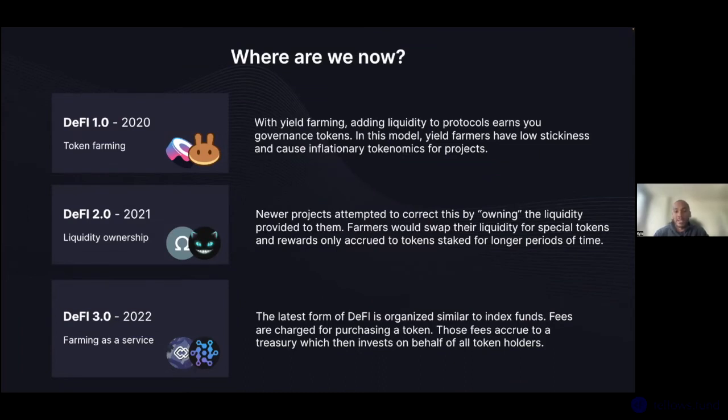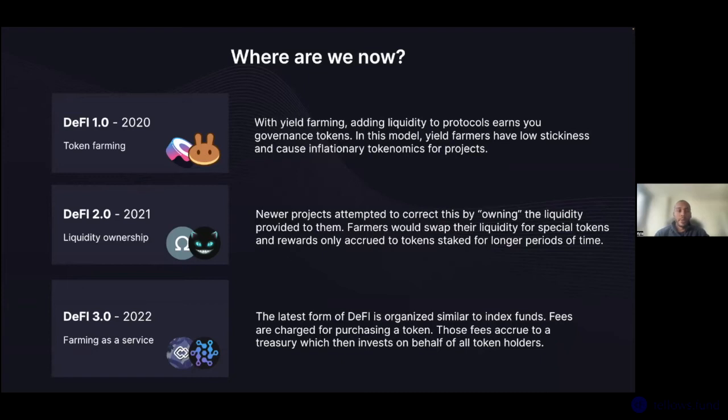Without people depositing these pairs into the protocol, no one can use it, right? So what DeFi 1.0 was really about is how do we incentivize people to deposit their tokens? And the way they did that was by offering their own governance tokens, right? This was a big part of DeFi Summer, where projects like SushiSwap and PancakeSwap offered their own token in exchange for people depositing liquidity.